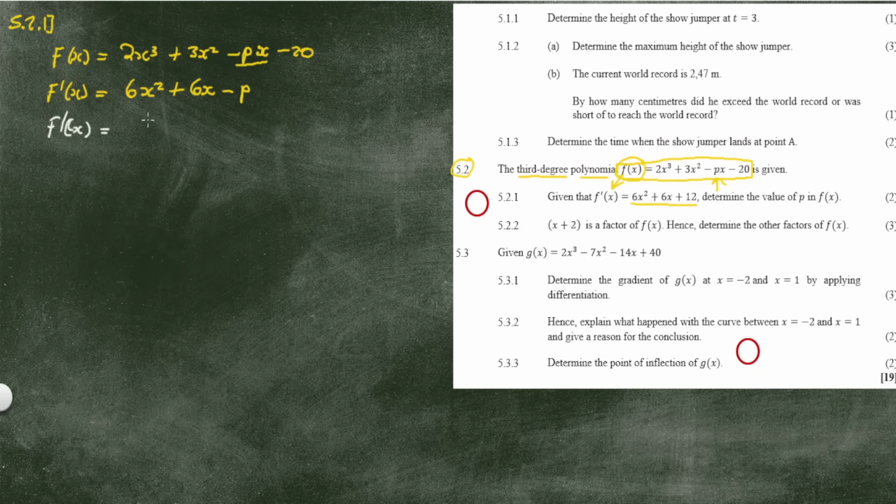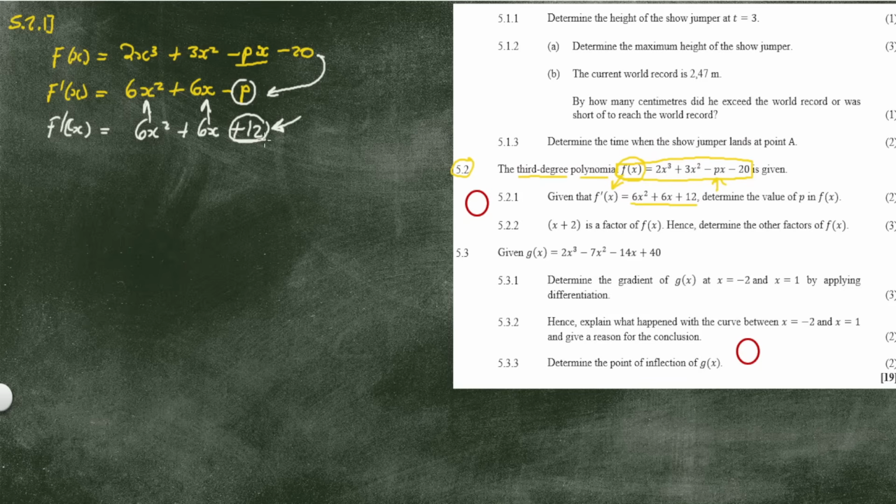It turns out to be 6x squared plus 6x plus 12. Do you see what's happening? So we must start with the original equation and differentiate it. I'm getting this, but p is unknown. On the given equation in the question, there is 12. Where's this 12 coming from? In 5.2.1, they are saying this is what you would have gotten after differentiating.